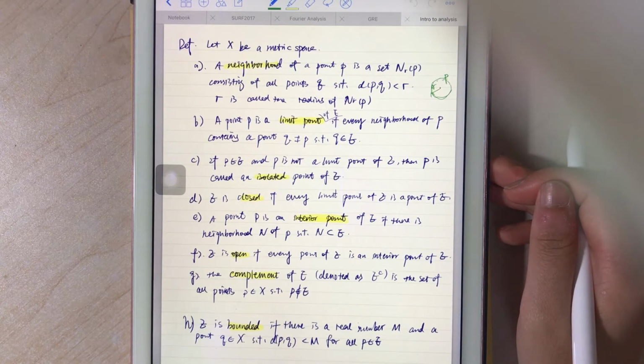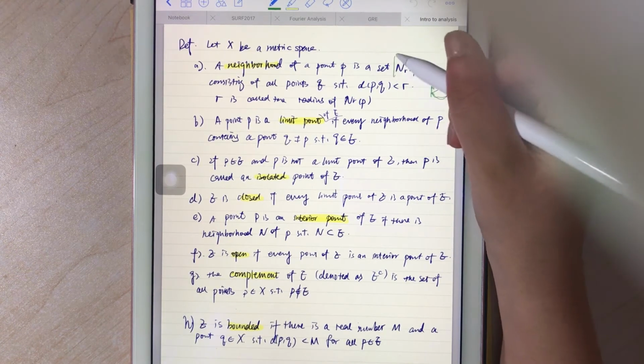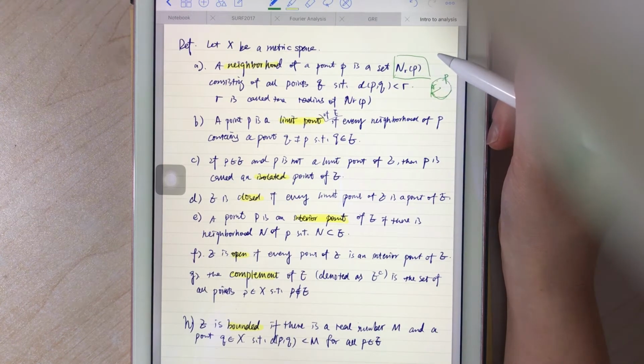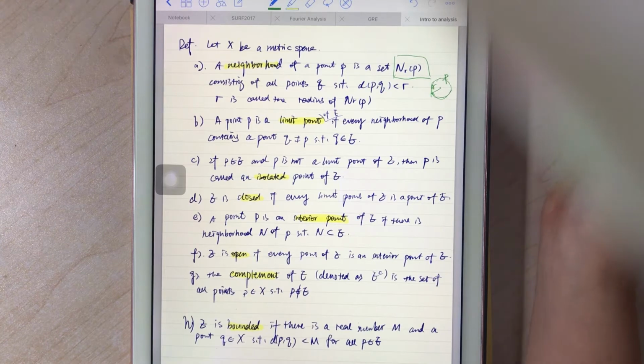A neighborhood of a point P is a set N_r(P) which consists of all points Q such that the distance between P and Q is less than r. So the notation here: P is the point, and r is the radius of the neighborhood.